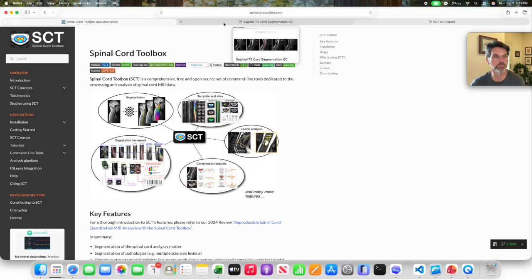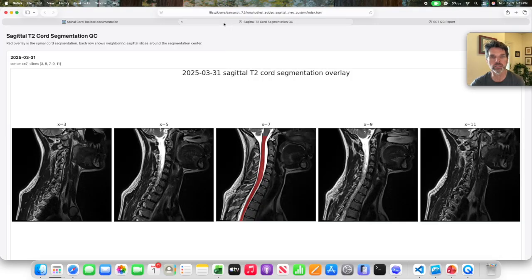So just some examples of what the output can do, and here are some examples of some of Alex's MRIs. You can see here where in red the software is highlighting where the spinal cord is, which it uses to compensate the cross-sectional area measurements for the angle of the MRI slice based on the setup.